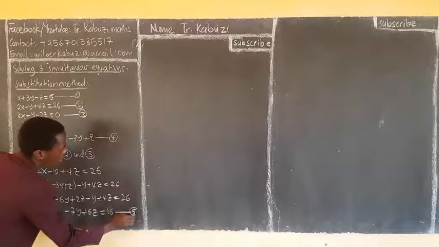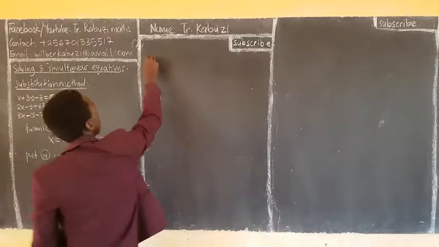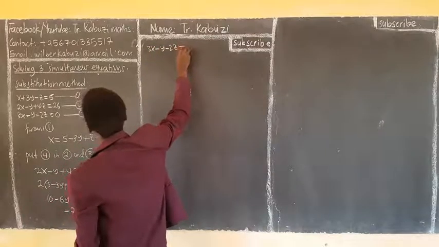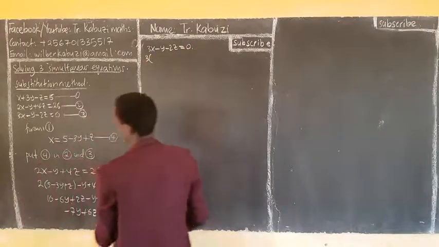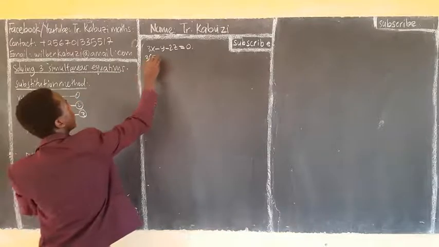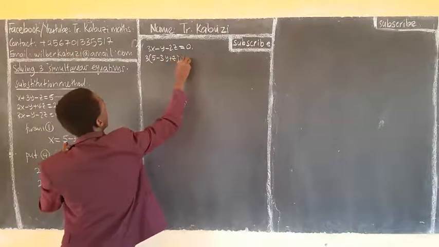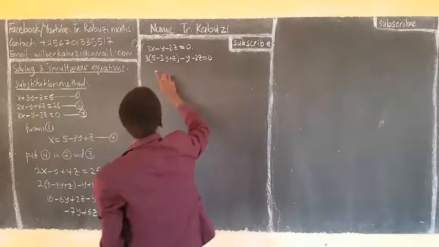and I call this one equation 5. Now, I also put it in equation 3. My equation 3 is 6x equaling 0. So I'm putting x. So my x from here, you see it's here, 5. Then equaling 0. Let us simplify.